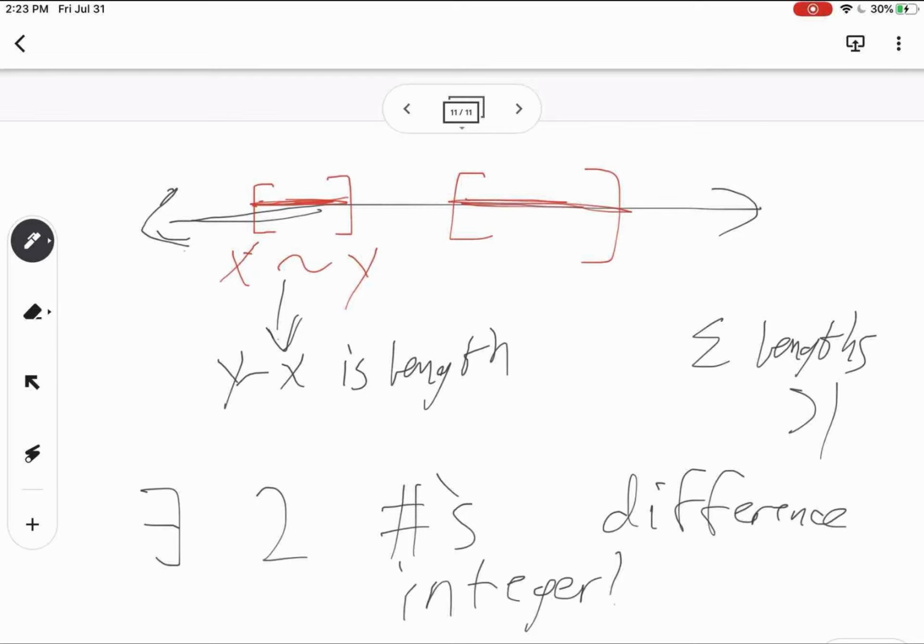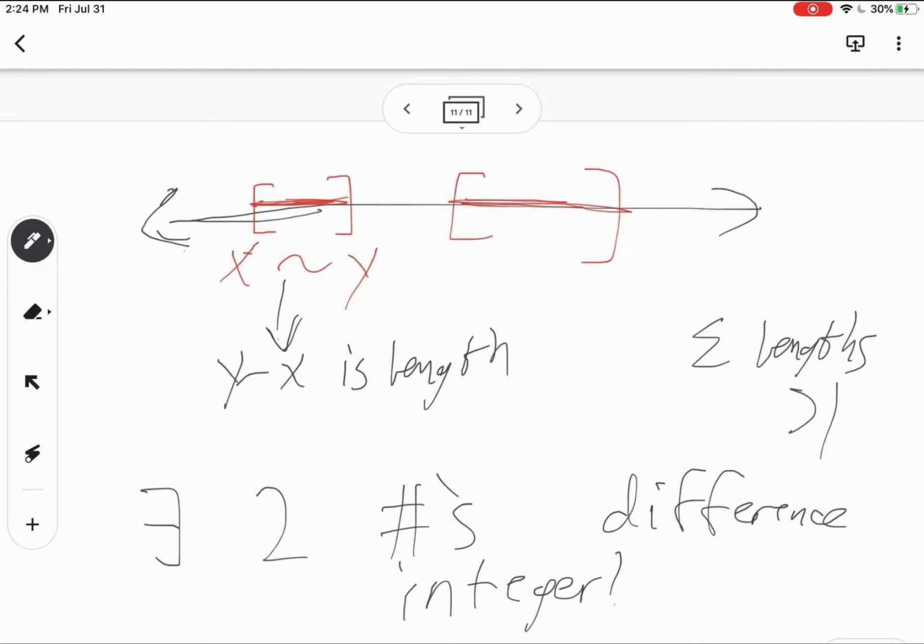And when you look at this problem, you may think that it's similar to the first one that we did, right? Remember, if we had n plus 1 numbers, and we look at them mod n, two numbers have a difference that's a multiple of n. Here we're looking at a set of reals, and the size of the set is greater than 1.